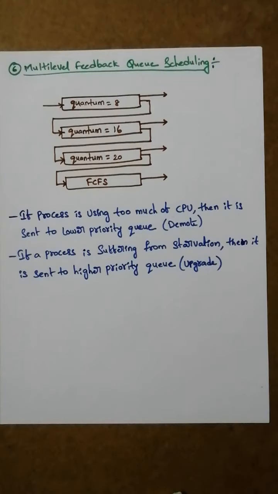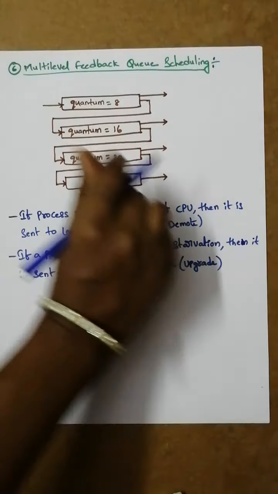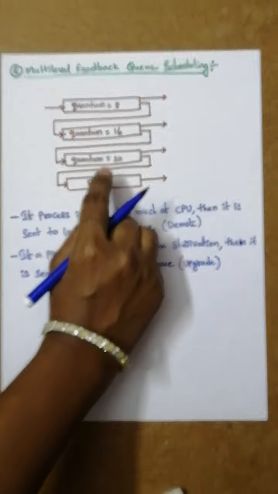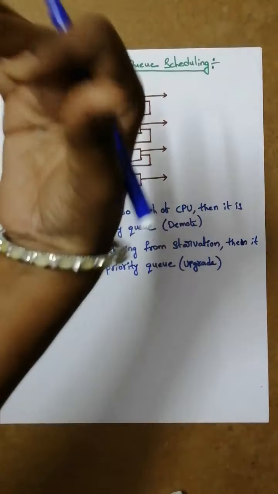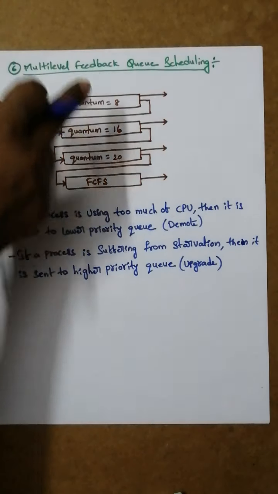As I told you, this has a drawback that is overcome by the next method, called multi-level feedback queue scheduling. If you observe here, the quantum is given like this. Here the higher priority is at the bottom, whereas the lower priority is at the top.